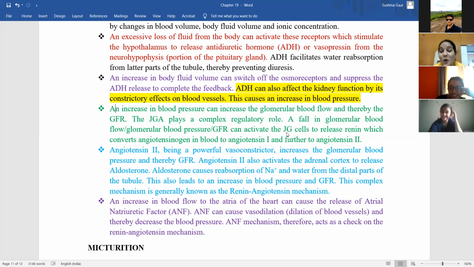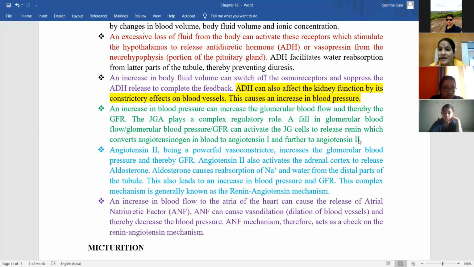They release an enzyme known as renin that converts angiotensinogen in the blood to angiotensin 1 and further to angiotensin 2. So this is a series in which the increase in blood pressure and decrease in glomerular blood flow or glomerular blood pressure can be maintained or regulated with the help of JGA.